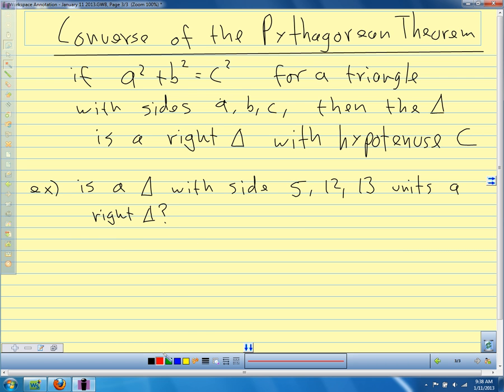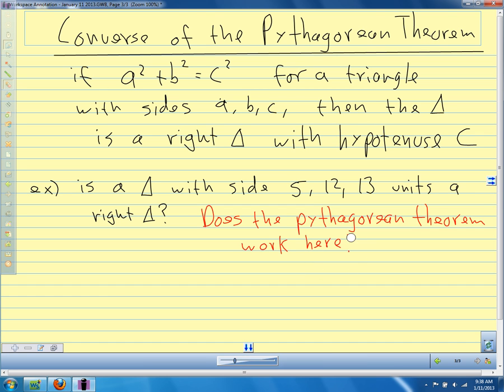So what this question is asking us is, does the Pythagorean theorem work? Does it work for these numbers? When it says, is this a right triangle, it's saying, does the Pythagorean theorem work for these numbers? So we're going to try out the Pythagorean theorem on these numbers.